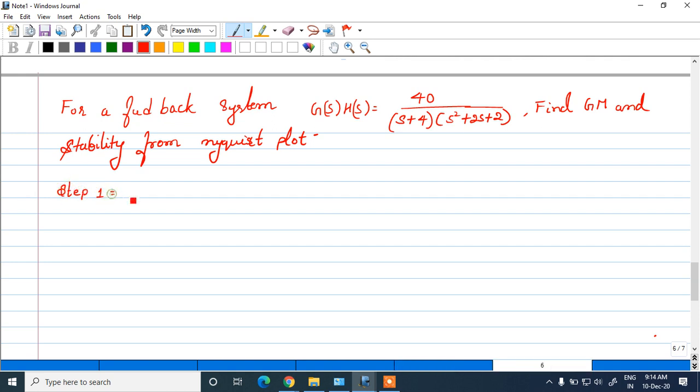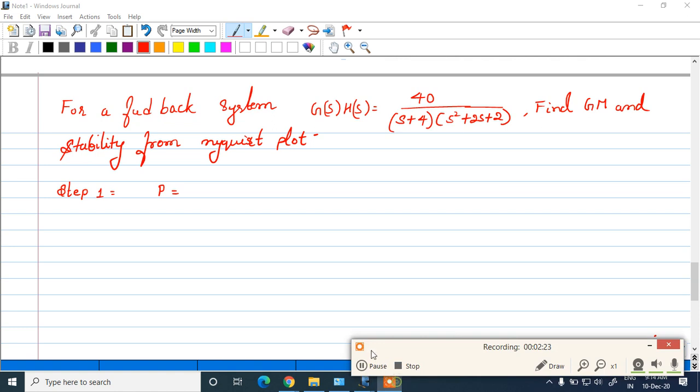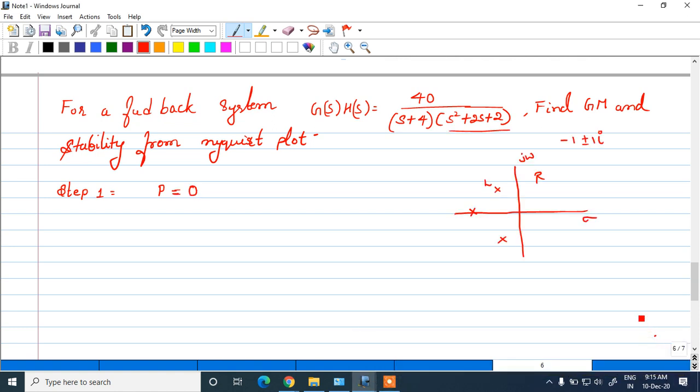You need to identify the number of poles in the right half of the s plane. Now I can see that my poles are located in the left half of the s plane and not in the right half, so P will be 0.